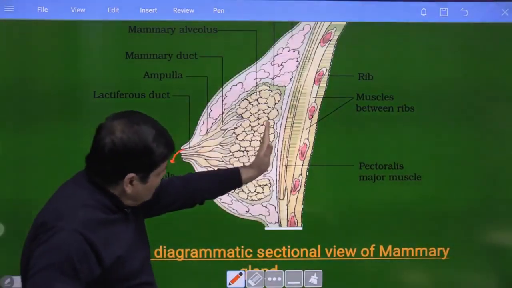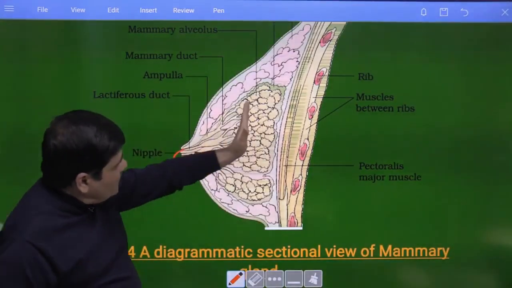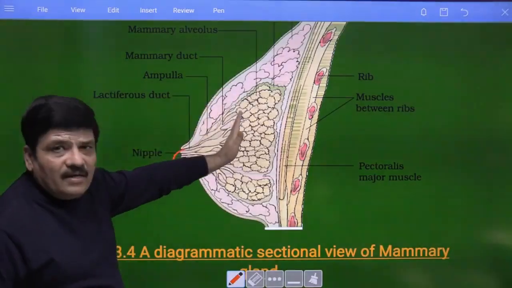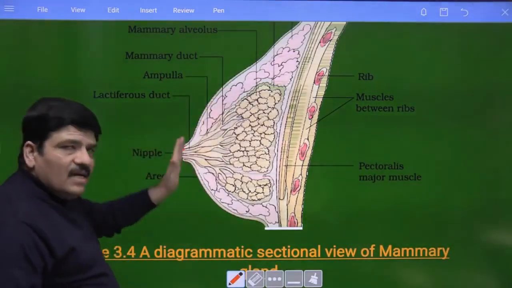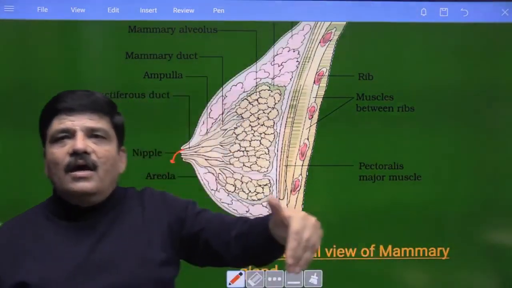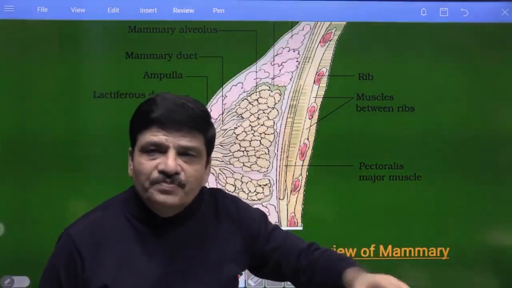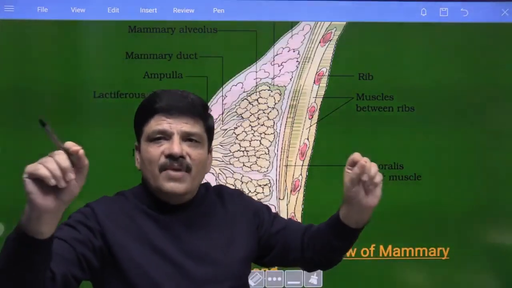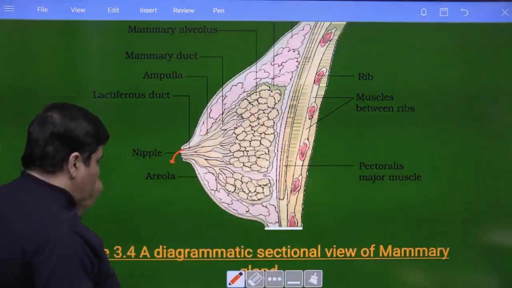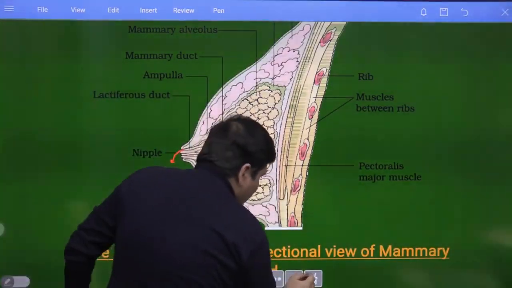So you have to remember the sequence. The sequence would be alveoli, the tubules, then the mammary duct, then the ampulla, then the lactiferous duct, and through the lactiferous duct the milk will be ejected out of the breast tissue. So this is the sequence that they may ask you, the proper sequence of the duct system that is present in the human female breast tissue.